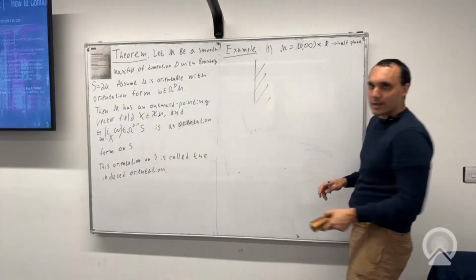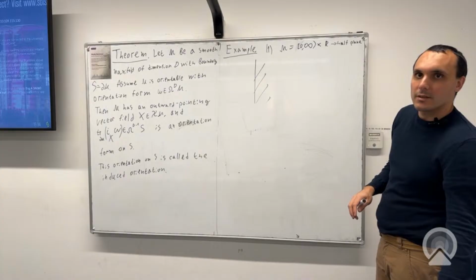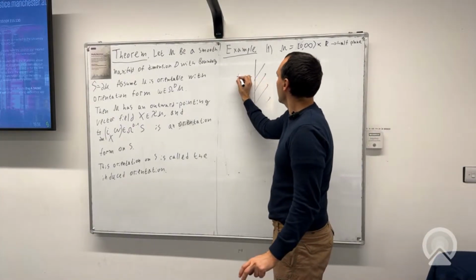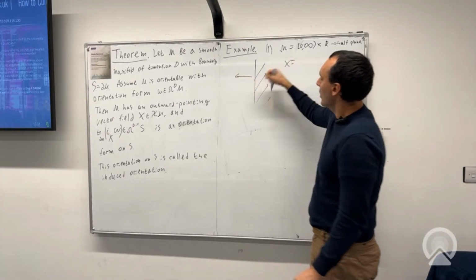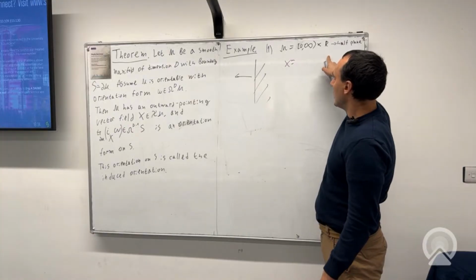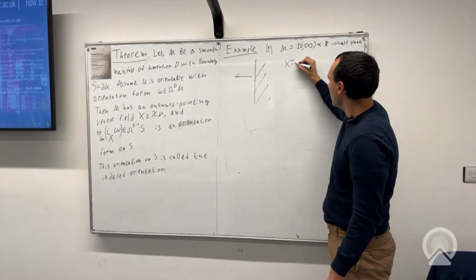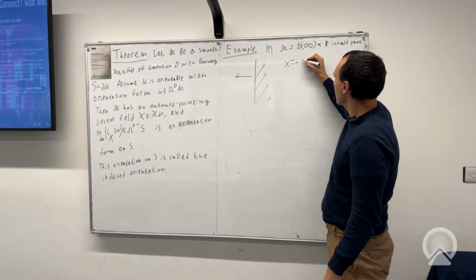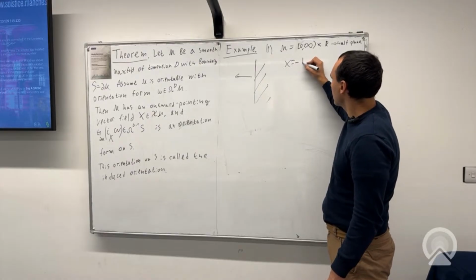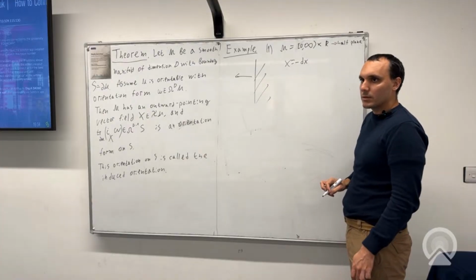So what is the outward direction? Left. So y could be 0, so there will be no dy, and we'll have X will be minus d dx, something like that.